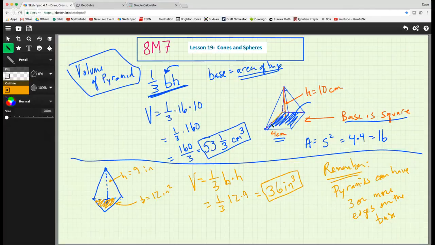This pyramid had 1, 2, 3, 4 edges. So the base was this square. It could be a rectangle or any quadrilateral. But here the base is 12 square inches, and the base is a triangle. But the formula always applies. The formula is always 1/3 times the area of the base times the height.